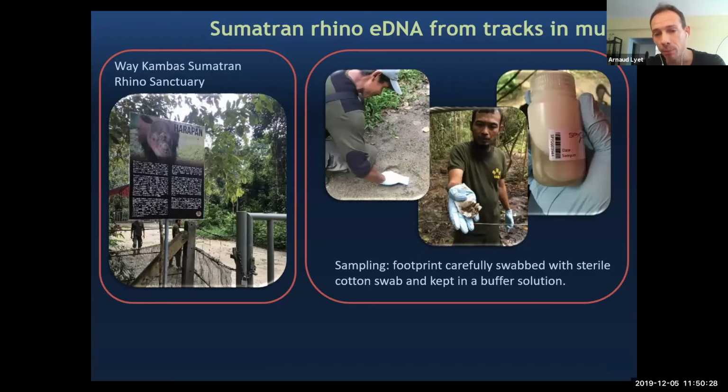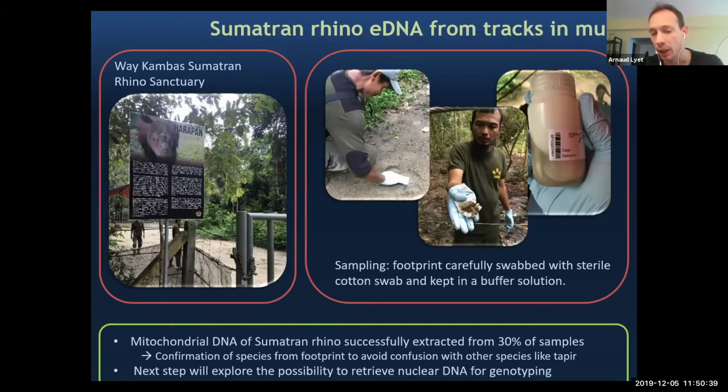We swabbed the mud inside the footprints of Sumatran rhinos and kept the swabs in a buffer. From these samples, we extracted mitochondrial DNA and checked if that would lead to the identification, at least, of the species.